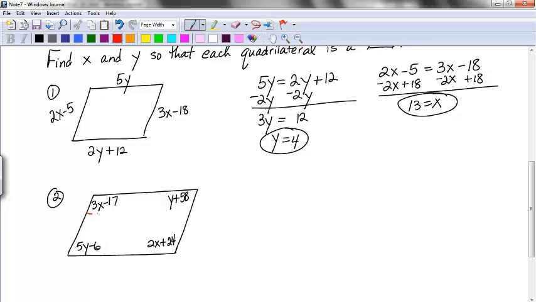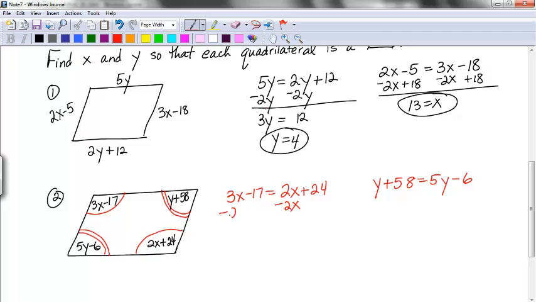So we want it so that this angle is congruent to this angle. So set it up that way. 3x minus 17 is congruent to 2x plus 24 and solve for x. And then mark this angle is congruent to this one. So set like y plus 58 equals 5y minus 6. Okay, solve both those. I usually, when there's an x on both sides, I usually subtract the smaller one and then take the other number to the other side.